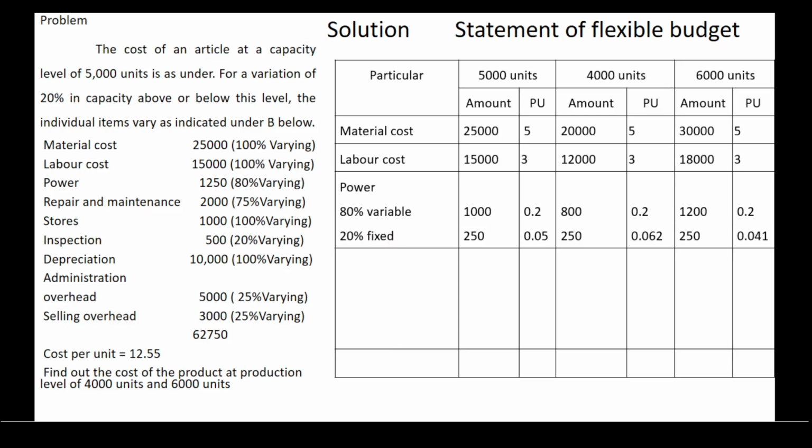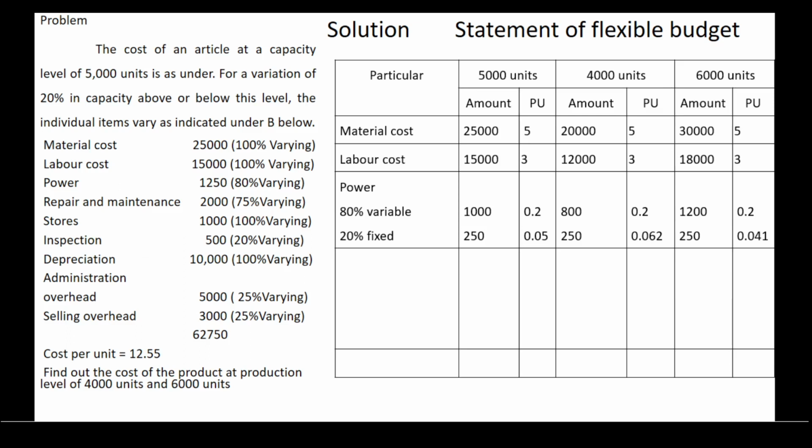And the next expense is the repair and maintenance. The amount of the repair and maintenance is rupees 2000. In this 2000, 75% is variable and the remaining 25% is fixed. So repairs and maintenance 2000 amount ಇದೆ, ಇದರಲ್ಲಿ 75% ವೇರಿಯಬಲ್ ಇದೆ, 25% ಫಿಕ್ಸ್ಡ್ ಇದೆ.